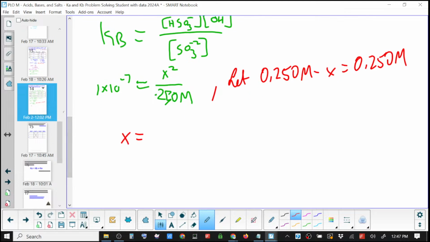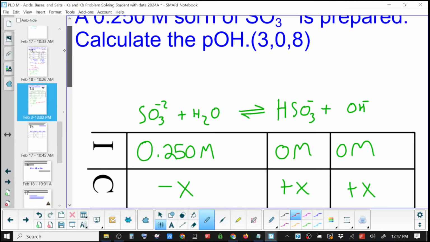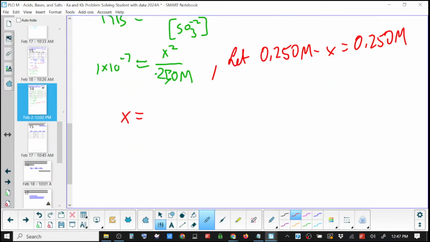And after that, it's just a matter of algebra. Dylan, what X do you get? I got 1.5811 times 10 to the negative 4. I don't know if that's right, but that's what I got.